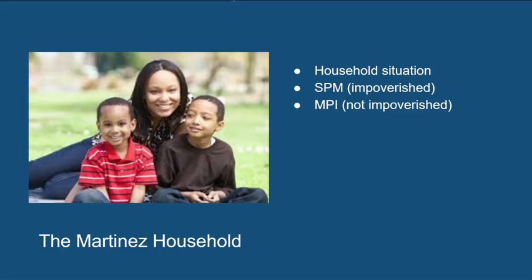On the other hand, the multidimensional poverty index focuses on poverty across multiple dimensions like education, health, and standard of living rather than just income. When looking at the Martinez household, Maria is educated and the children are enrolled in school. Therefore, their education is not deprived.